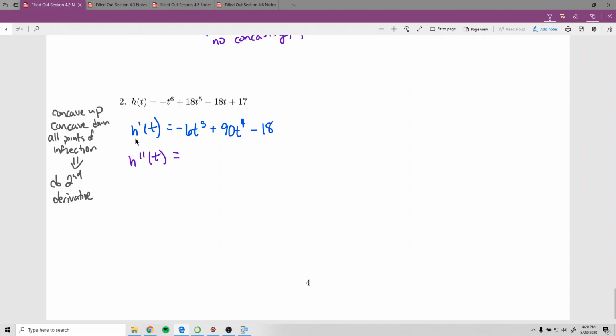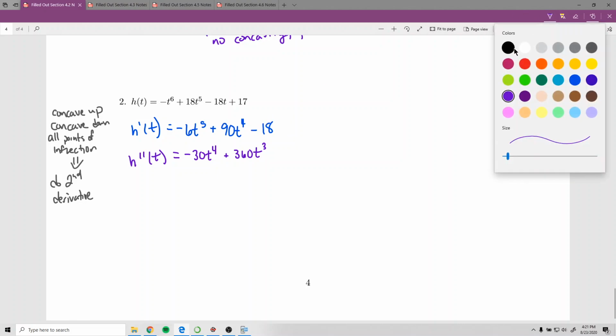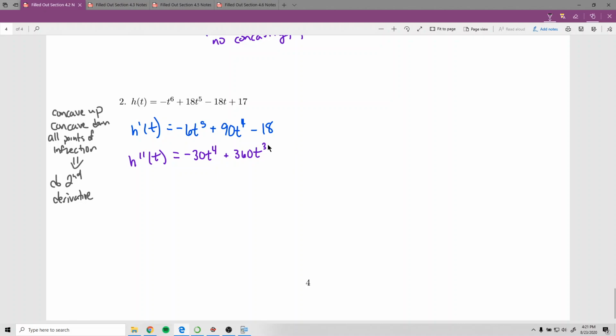We need the second derivative for all that stuff. So do one more derivative. The derivative of negative 6t to the fifth is negative 30t to the fourth, plus the derivative of 90t to the fourth, we get 360t to the third. And the derivative of 18 is 0. And now we do exactly what we did before.